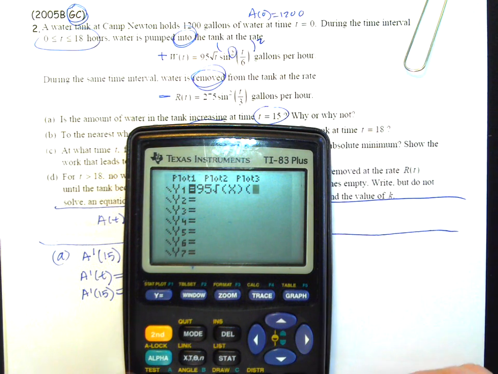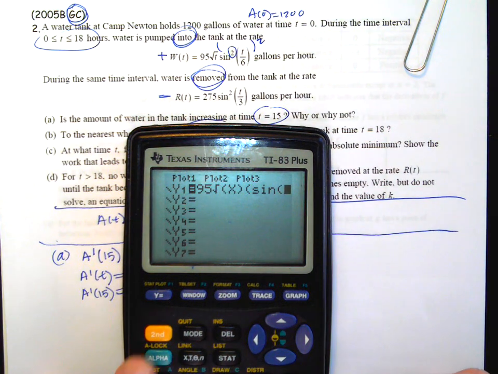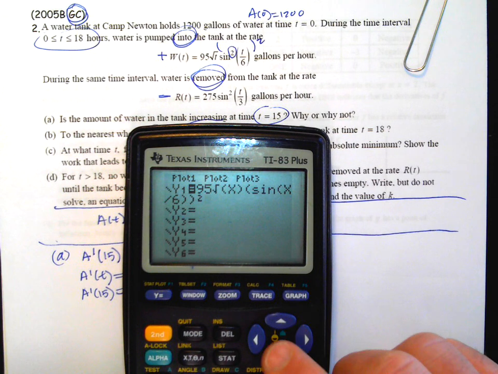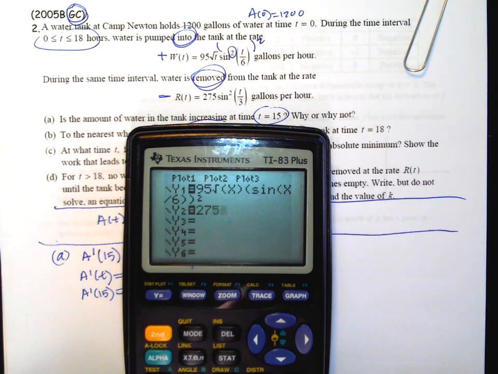So sine of x over 6, close parentheses squared. Okay, so that's that one. And the next one is 275 parentheses sine x over 3, close squared.